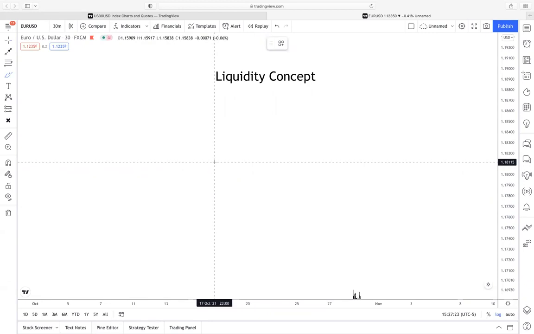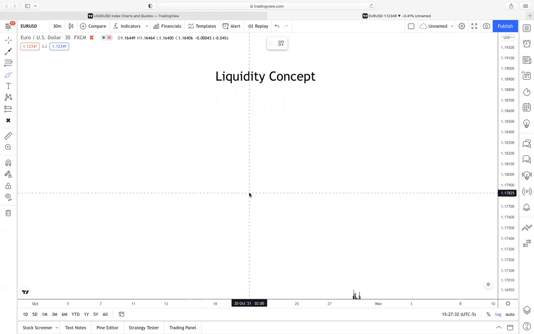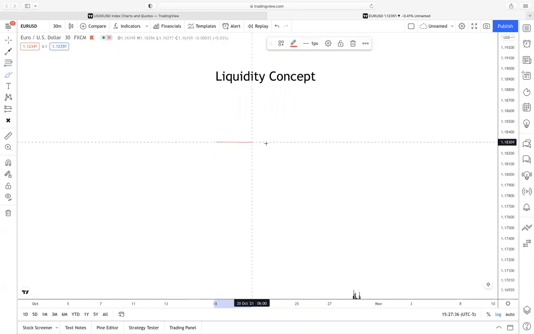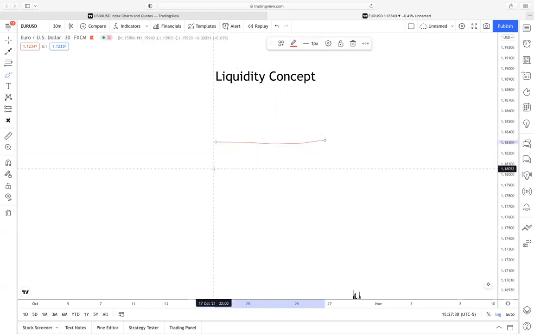The whole ideology of liquidity is highs and lows being ran, because you have orders resting above every high in the market and every low in the market. But at the same time, you have trading ranges.